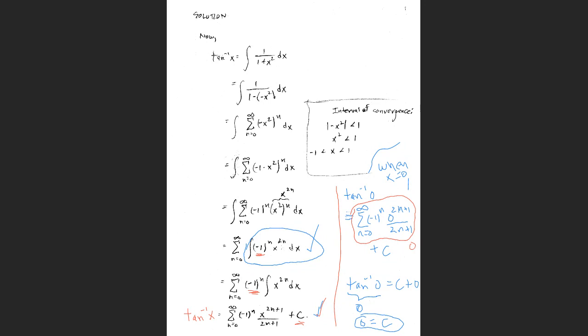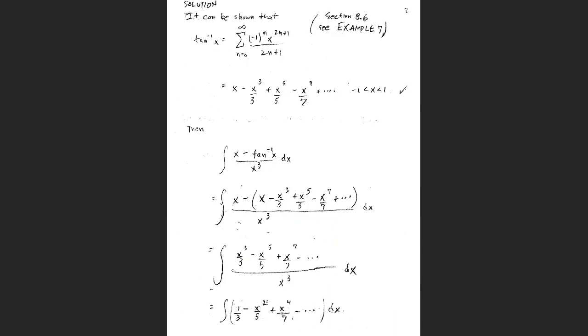Well, then we've established that the arctangent of x is equal to this series. And if I write out some terms of the series, and sometimes that's helpful to do, that's going to be helpful in this problem. So how do I get the x here?